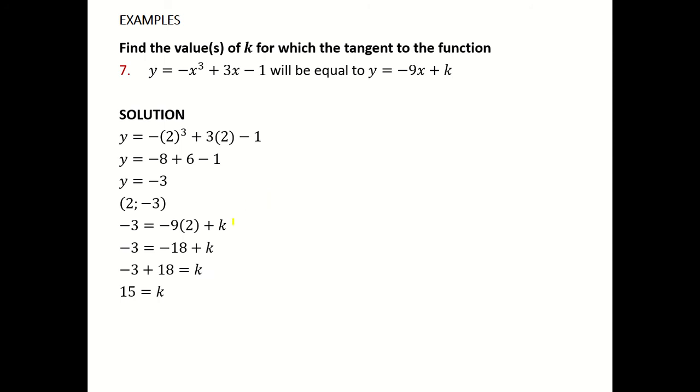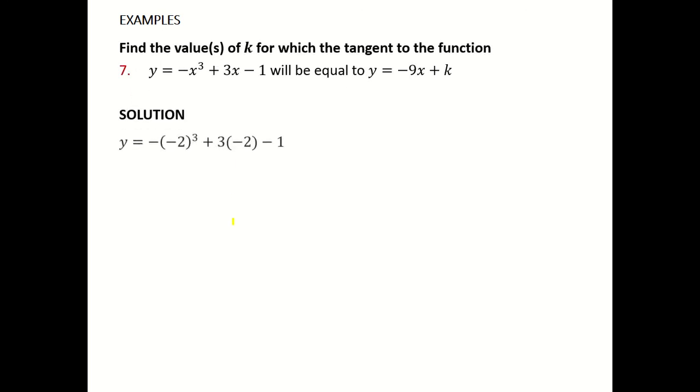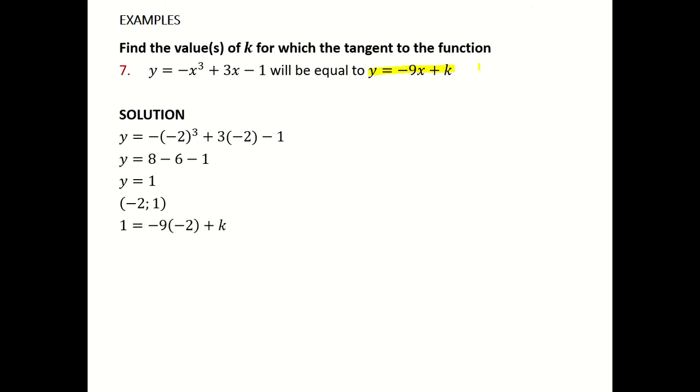The second k value, I'm going to take the second x value, which is minus 2, substitute it into the original function. It'll give me my y value, which is positive 1. Now my coordinates will be minus 2 and 1. I'm going to take this minus 2 and 1 and substitute it into the equation of my tangent, and I will get that.